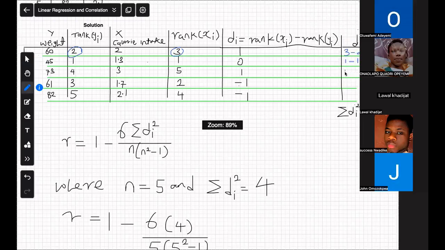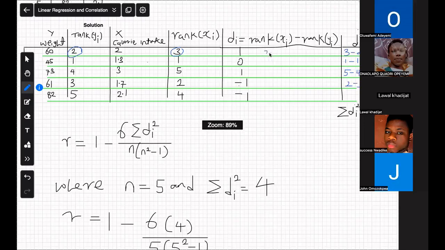This is 5 minus 4 and is equal to 1. This is 2 minus 3. Oh, sorry, I'm putting that in this way. I'll fix that in a moment.